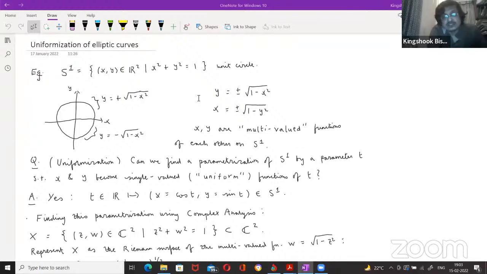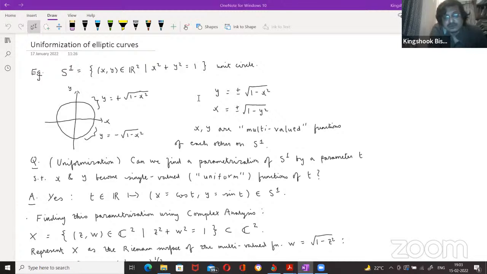So the question is, instead of these multi-valued functions x, y, can we find a parametrization of S1 by a parameter t such that x and y become single-valued functions of t?